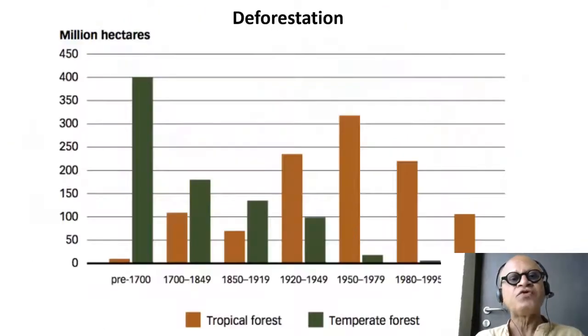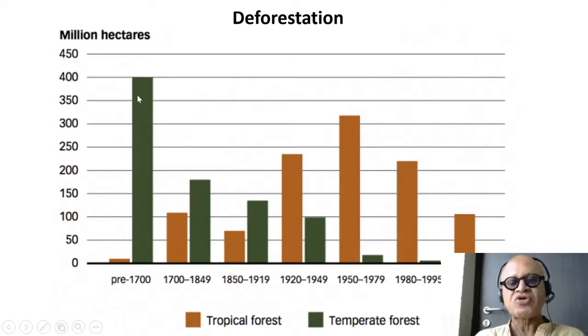So if you look on the other hand at deforestation, going all the way back to large colonizations of various continents by people, you can see that the temperate forests were being cleared. This is deforestation in million hectares.